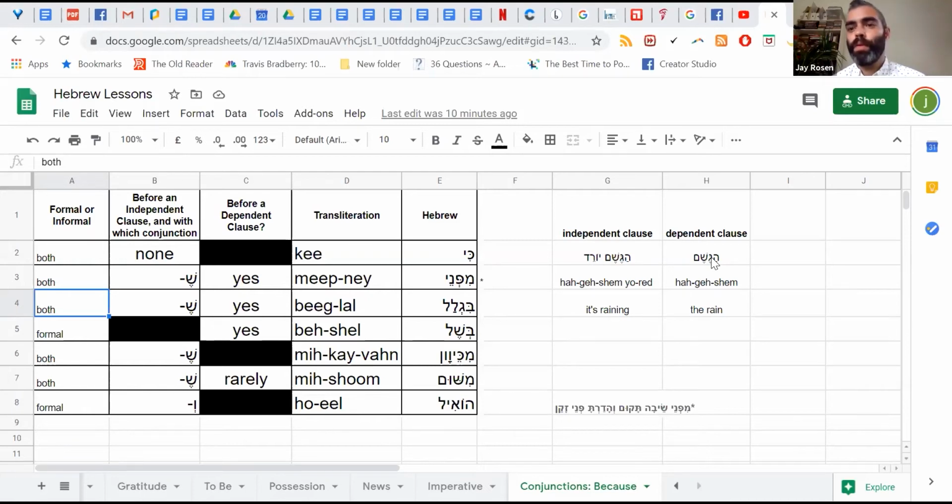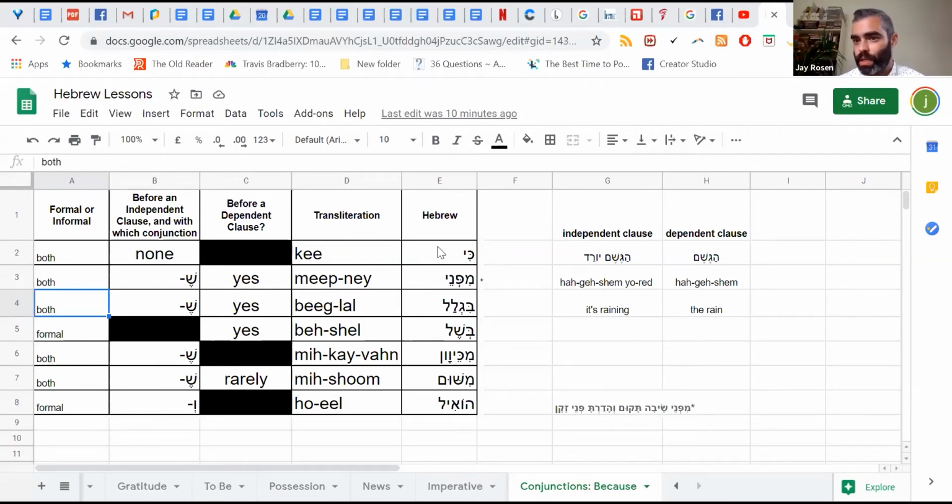So first off, probably the word that most, if not all of you know for the word because in Hebrew is, as you see here in column E, row 2, key. Okay, key is always taught as because. When we went through media literacy a few weeks ago, we talked about how it can also mean that, but for our purposes today, it means because.